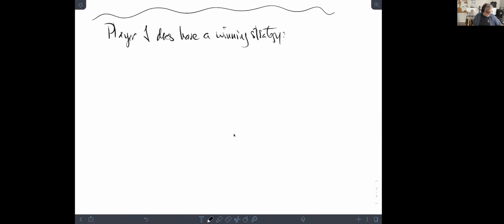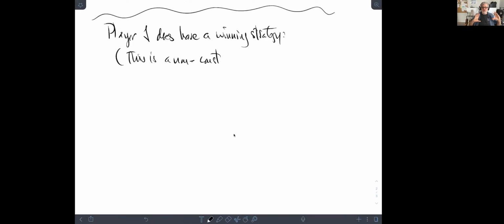It's a non-constructive proof in the sense that I'm not going to tell you what the strategy is. In fact, as far as I know, nobody knows an actual winning strategy for Chomp. There are some obvious special cases. If the rectangle is 1 by n or n by 1, it is clear, it's trivial.